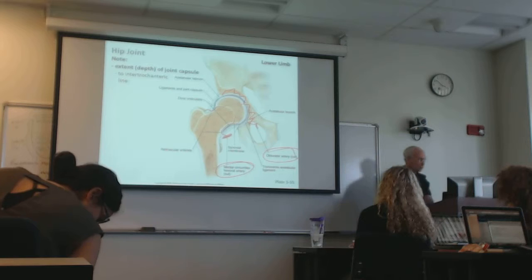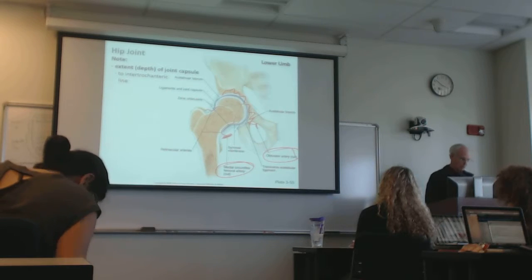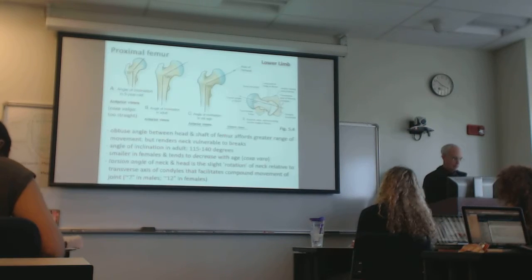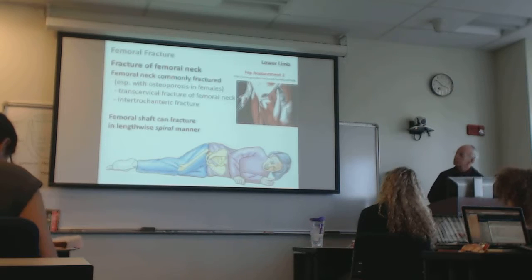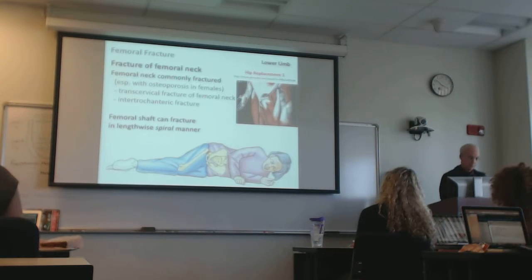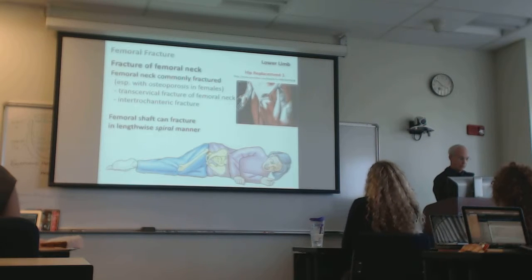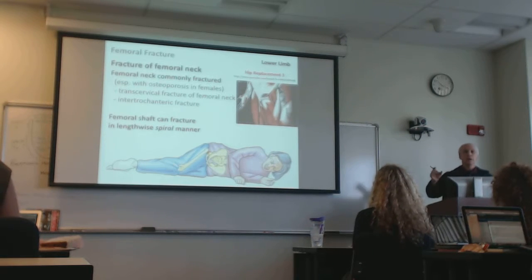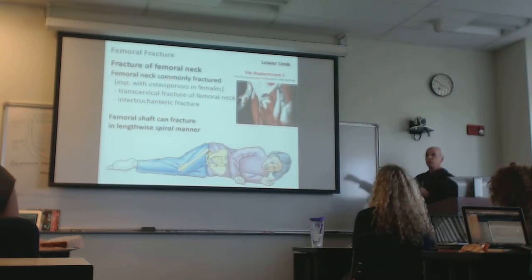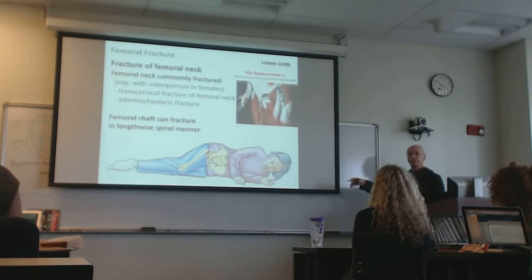So just understand, if you had breakfast recently, you may want to prepare yourself psychologically. And then the other thing I'm going to point out here again, he's going to talk about some of these bony markings, the anterior superior iliac spine. You know what that is. We've talked about the intertrochanteric line.